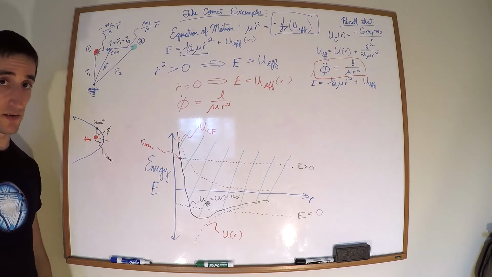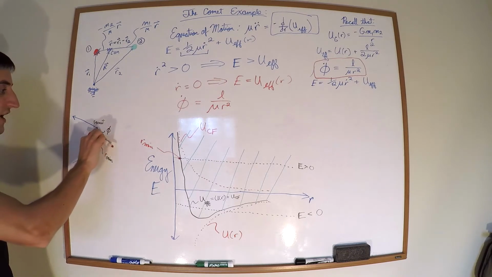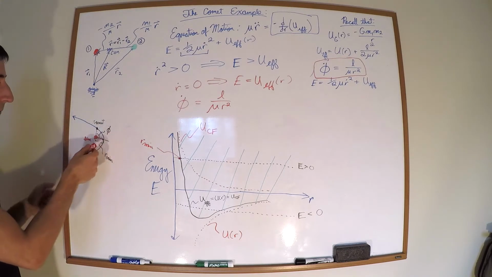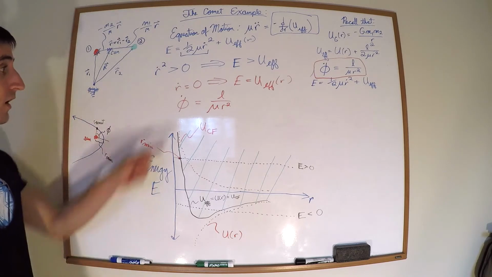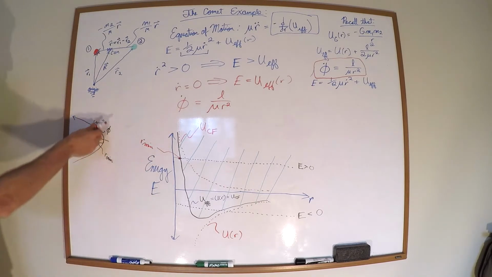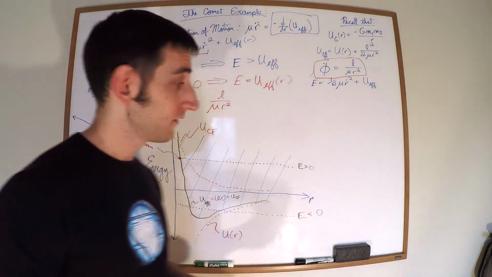So it comes in towards the sun, it has some minimum, it stops instantaneously when r dot equals 0, and then it's going to fly out further.